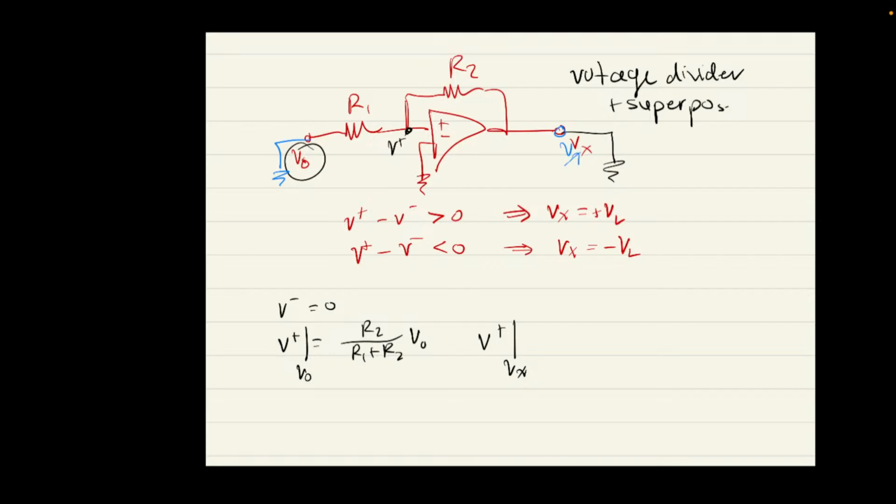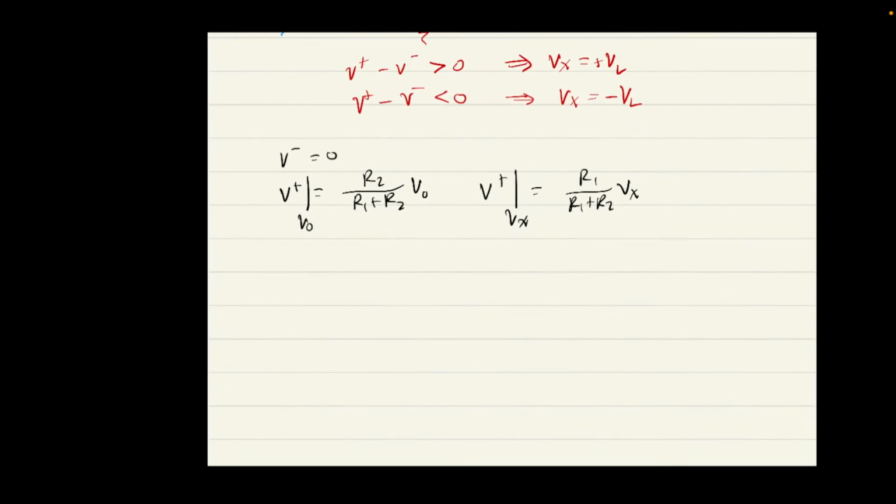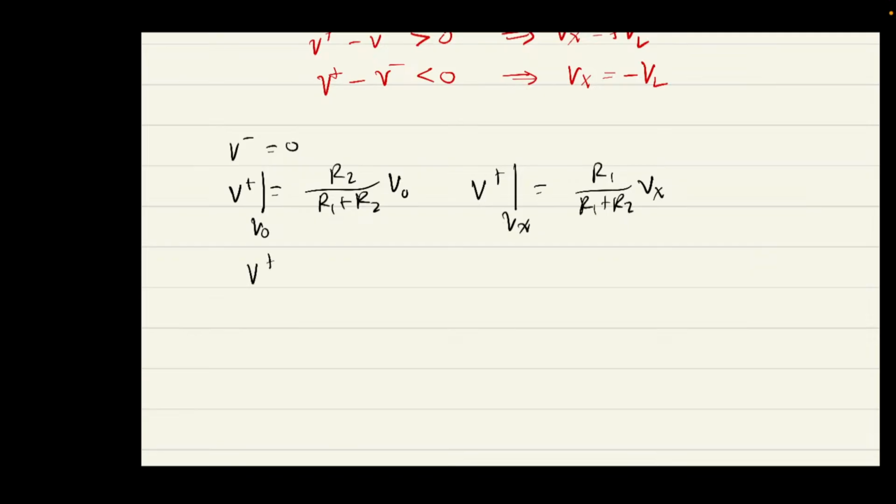Does everyone kind of see what I'm doing here? Okay, cool. That's going to be R1 on R1 plus R2. It's a bit different from the previous one. Altogether, we have that V positive is R2 on R1 plus R2 times VO plus R1 on R1 plus R2 times Vx.